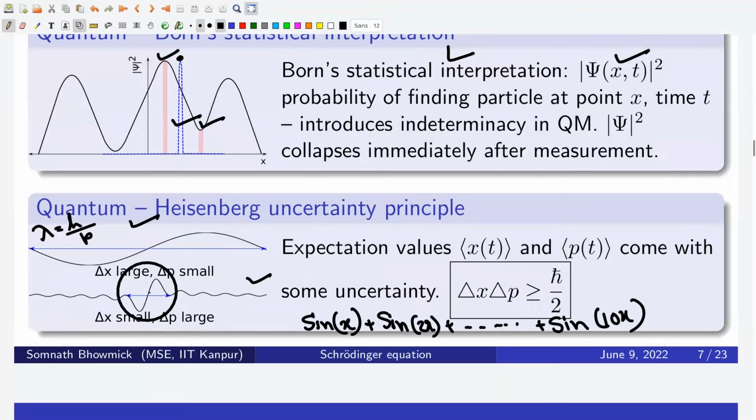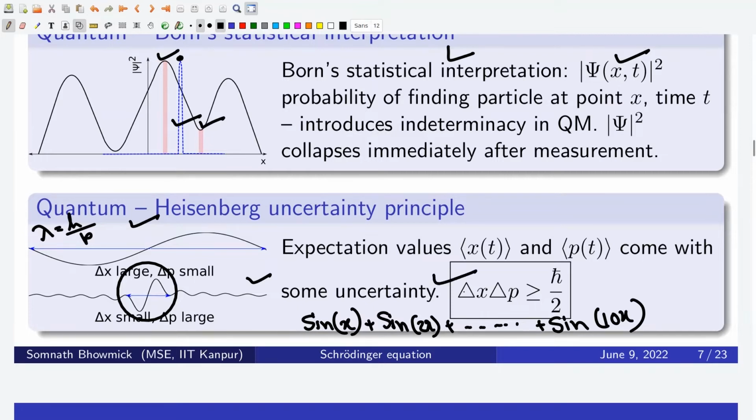However, we cannot tell its exact momentum, because since it is a superposition of so many waves, I don't have a single λ. So if I measure the position somewhat accurately, the momentum measurement becomes inaccurate, and it is impossible to go beyond a certain limit when measuring position and momentum simultaneously.